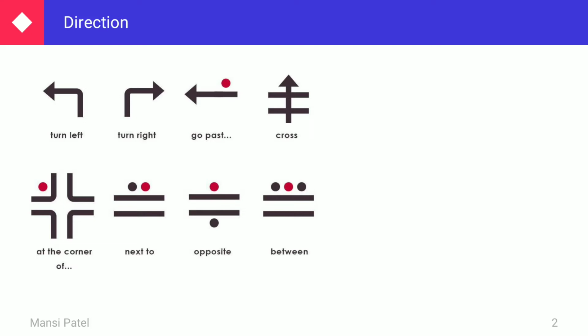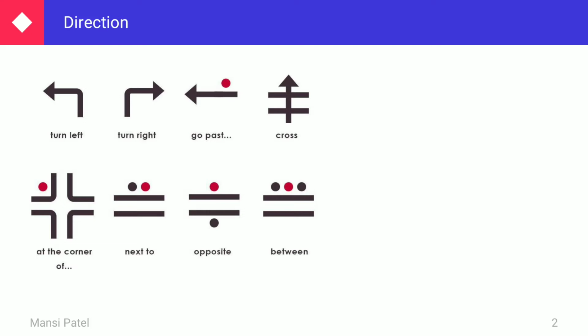If you are going straight and you want to take the right hand side turn, then you say turn right. If you have to just go straight, then you use go past. If you want to cross this section, you use the word cross.